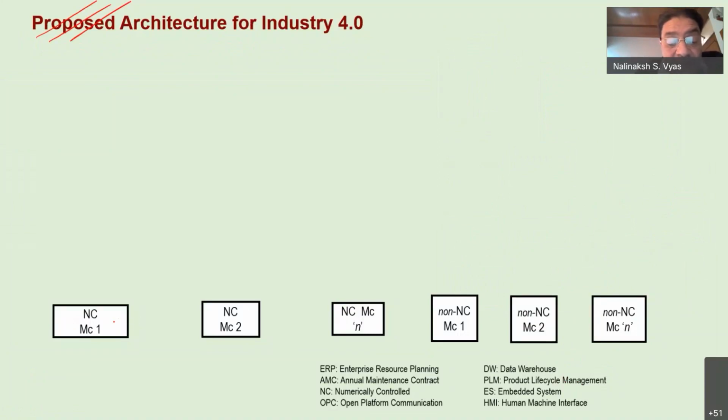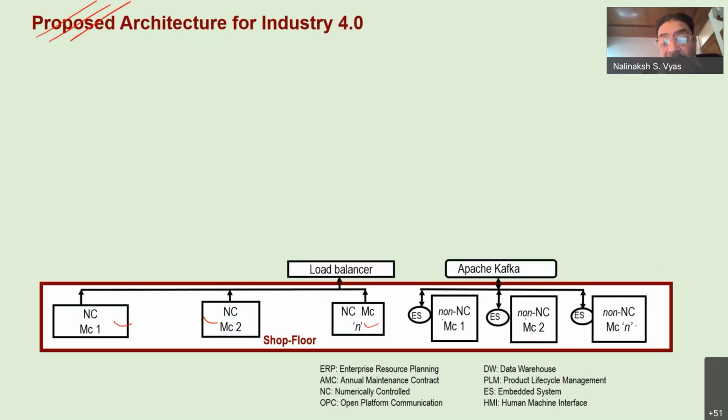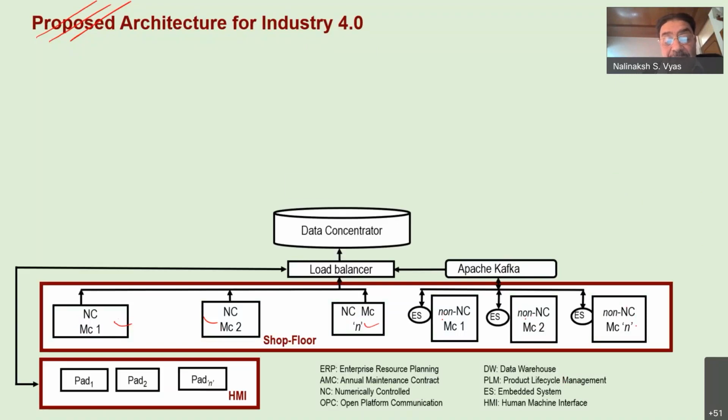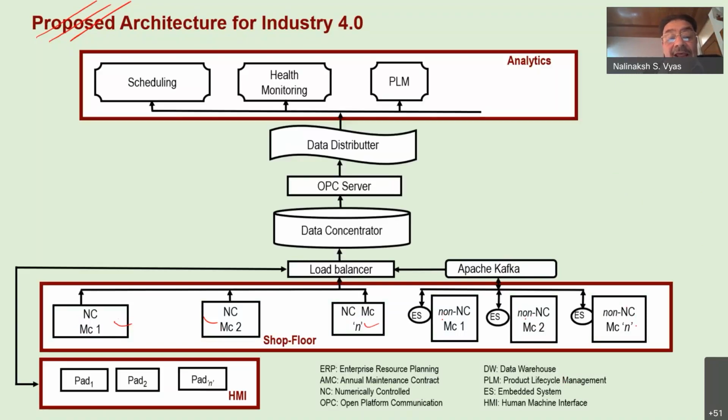You have one numerically controlled machine, another numerically controlled machine, non-NC machine, machine N. This is the shop floor, and they all communicate on the same platform like this, where on top of that you can do scheduling, health monitoring, product life management, ERP, and any other analytics that you can build because you have written your own code.